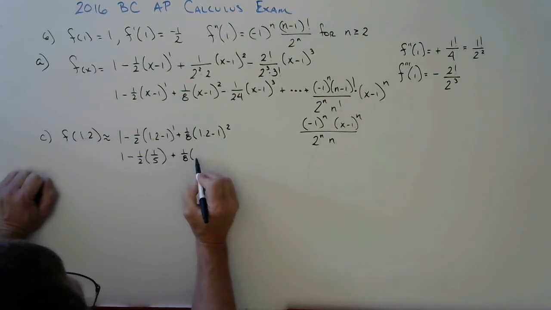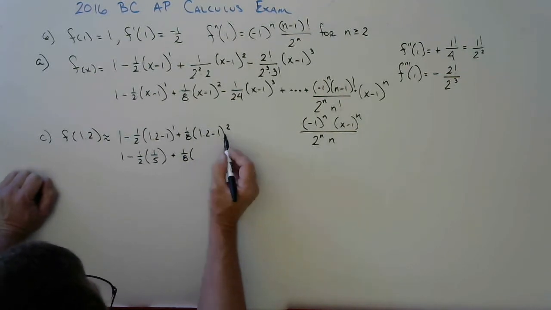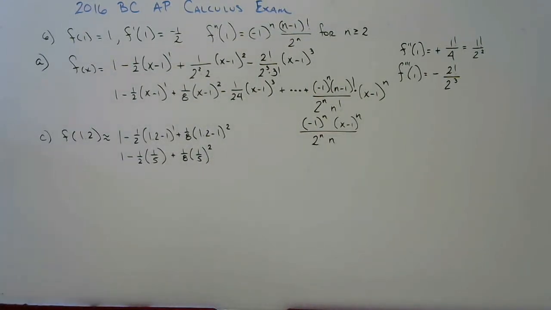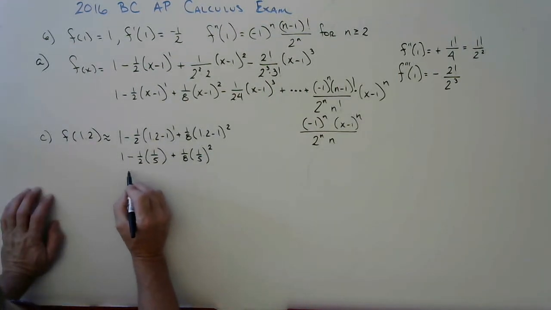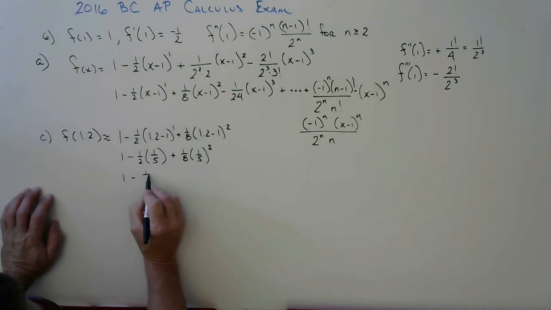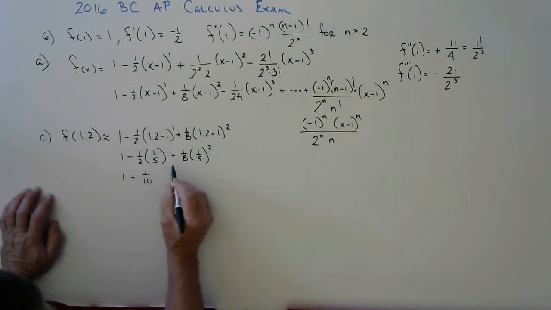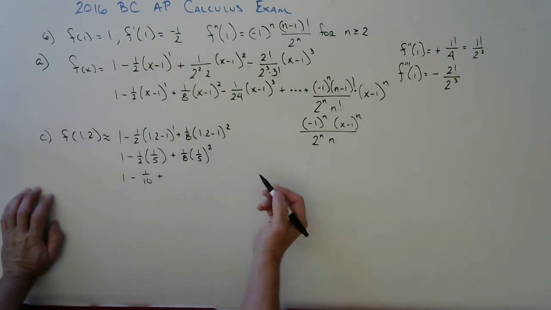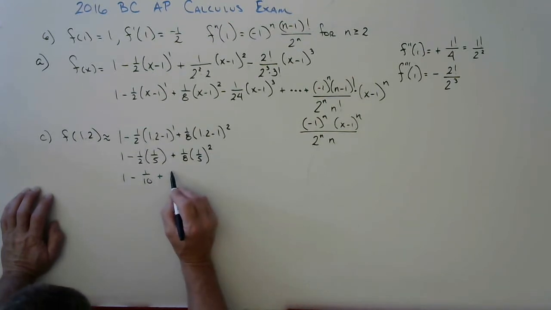And here we have 0.2, right? 0.2 is 1/5, and we're going to square that. And so what do we end up with when we're all done here? We end up with 1 minus 1/10 plus, and now that's 25 times 8, right? 25 times 8 is 200.